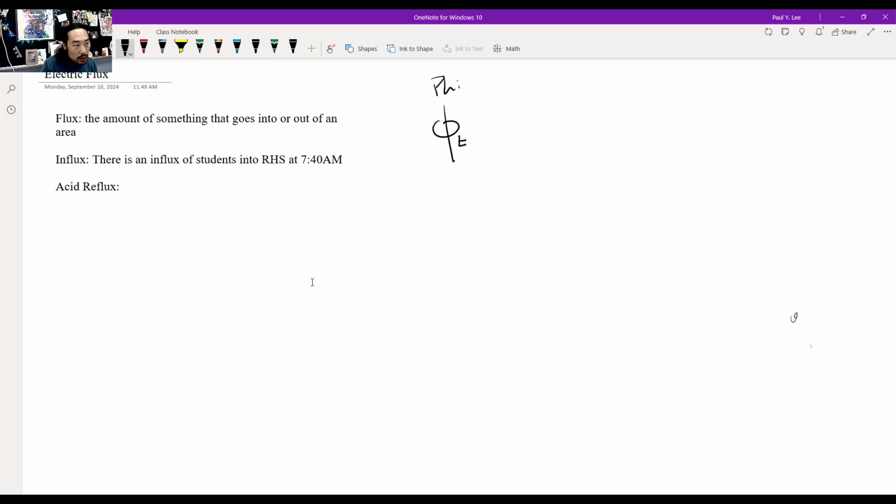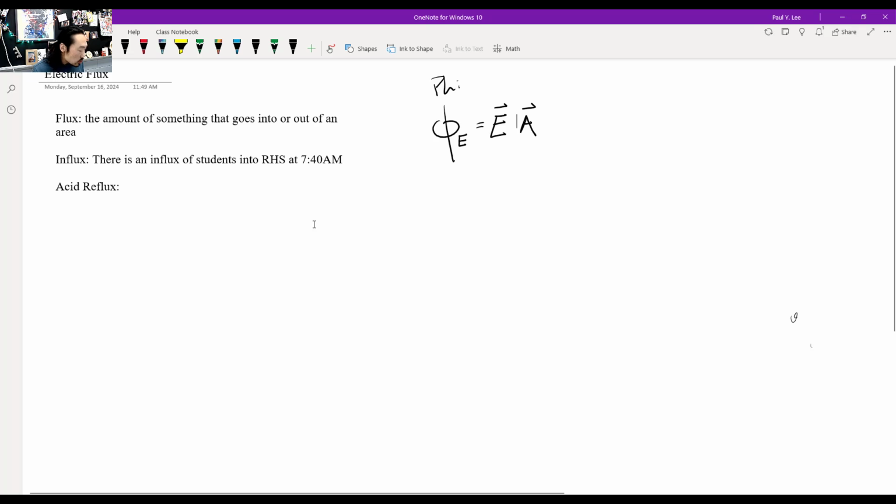So this is phi with the subscript E. If we're talking about electric flux, it's the amount of electric field, which is a vector, that goes through an area. An area is actually a vector, and that's not the finalized formula. We'll come back to that in a little bit.